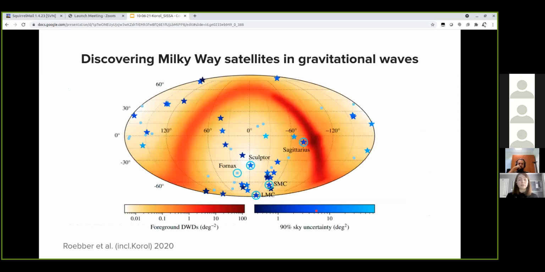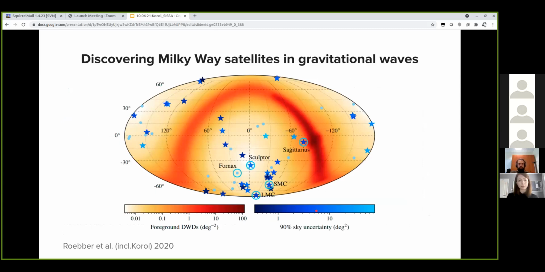So in this companion paper led by Eleanor Rober, we studied the sensitivity of LISA to a fiducial source with a set chirp mass, frequency, and inclination. And we placed this source in all the known satellite galaxies.